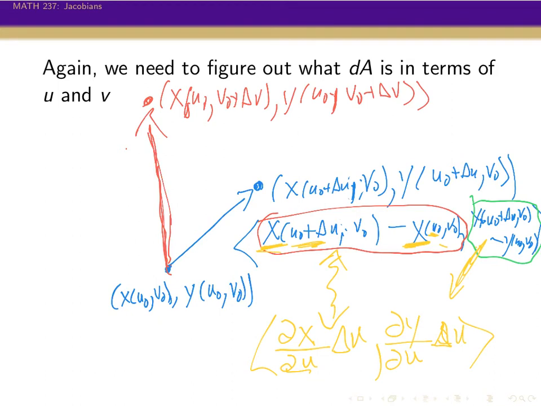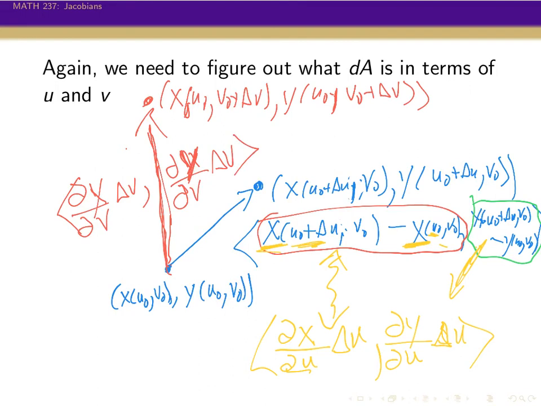This vector we can think of as being delta x over delta v, the partial of x in terms of v times delta v, and the partial of y in terms of v times delta v. Okay?